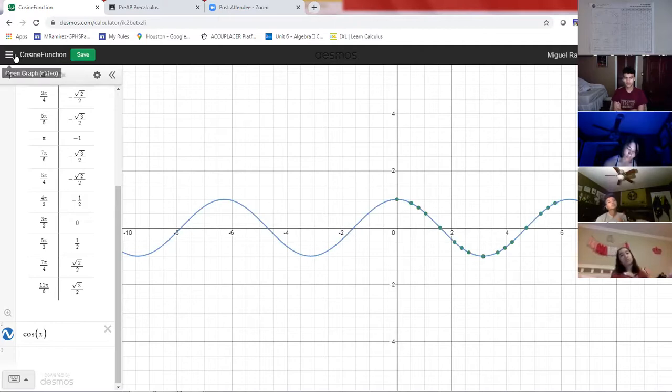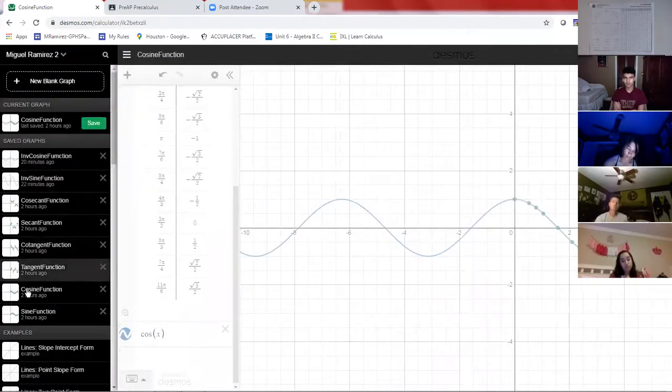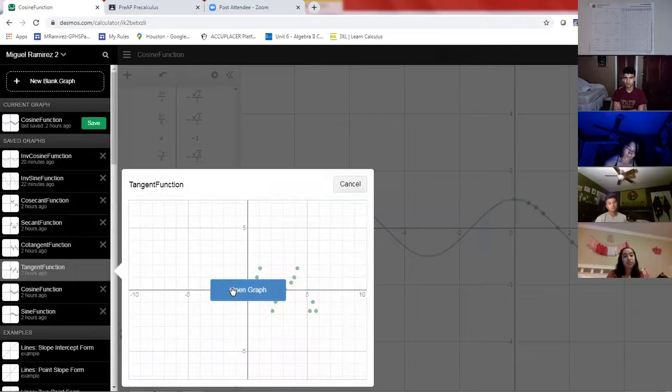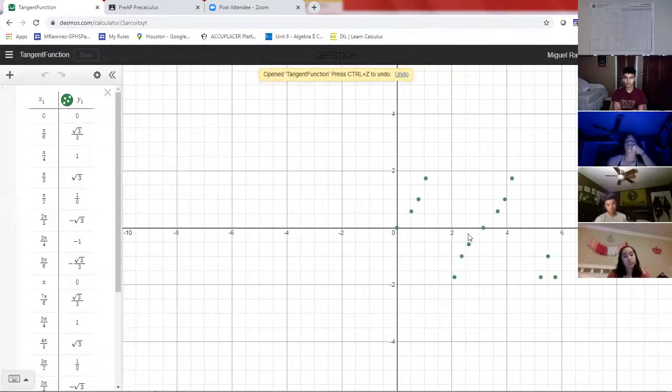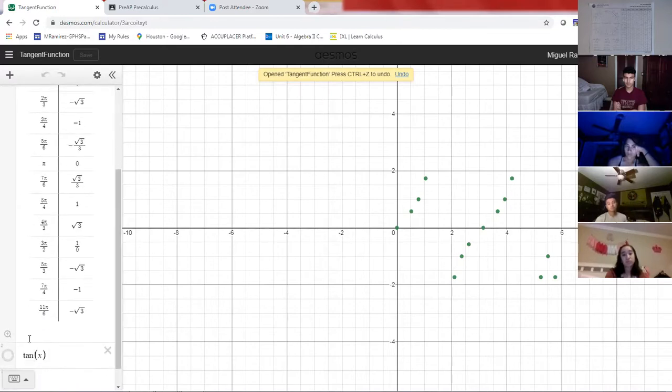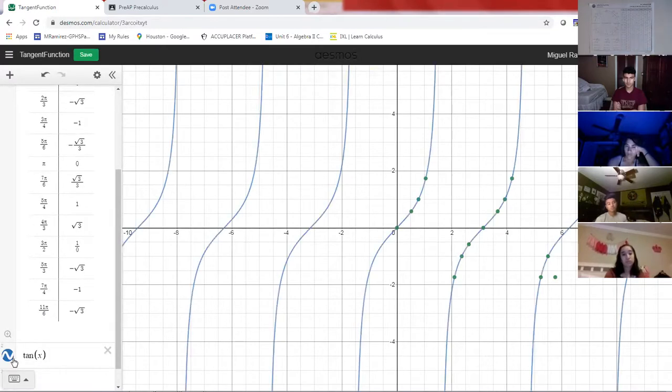We're going to have the same for the tangent function. You see here the points from the unit circle, and if we continue with this, we can see the tangent function. So the idea is this one: trigonometric functions are periodic functions. They repeat. So we're going to see graphs like these for all of them.